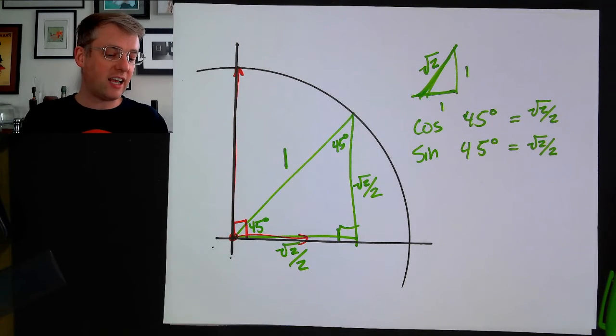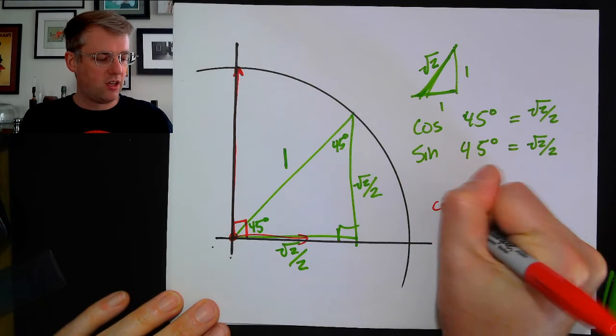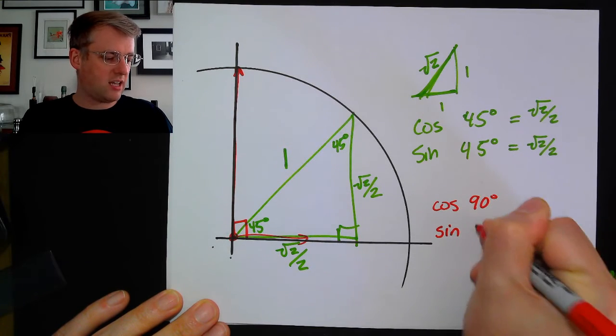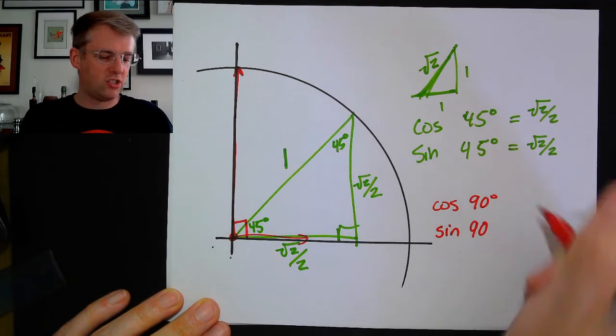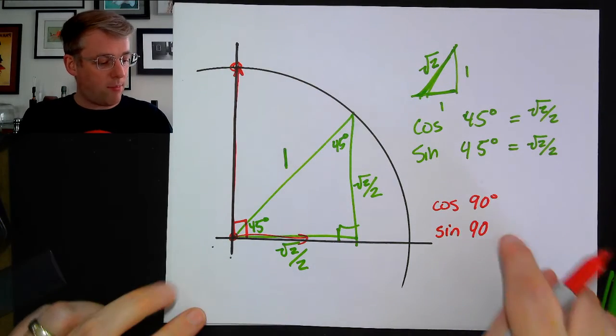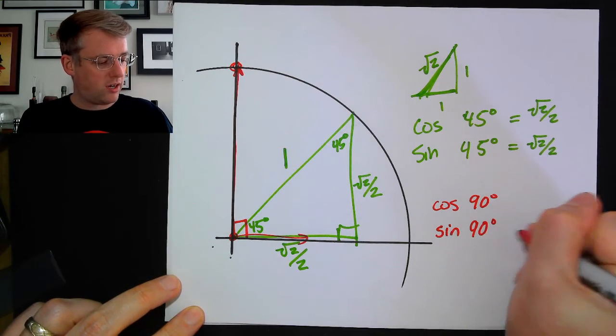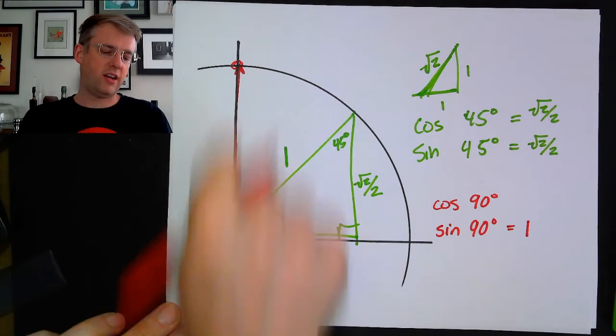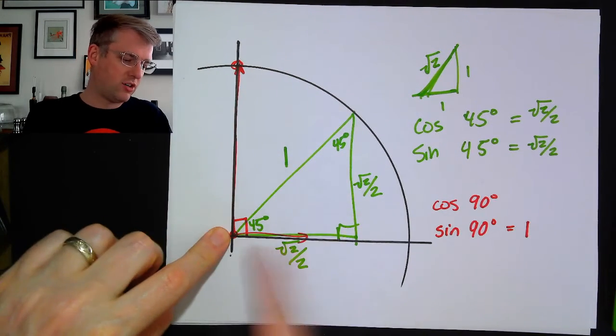But it still has an x value and a y value. So we can now define the cosine and the sine of 90 degrees based on how far up this goes. And it goes up one whole unit, the radius of the unit circle, up. And how far to the right does it go?